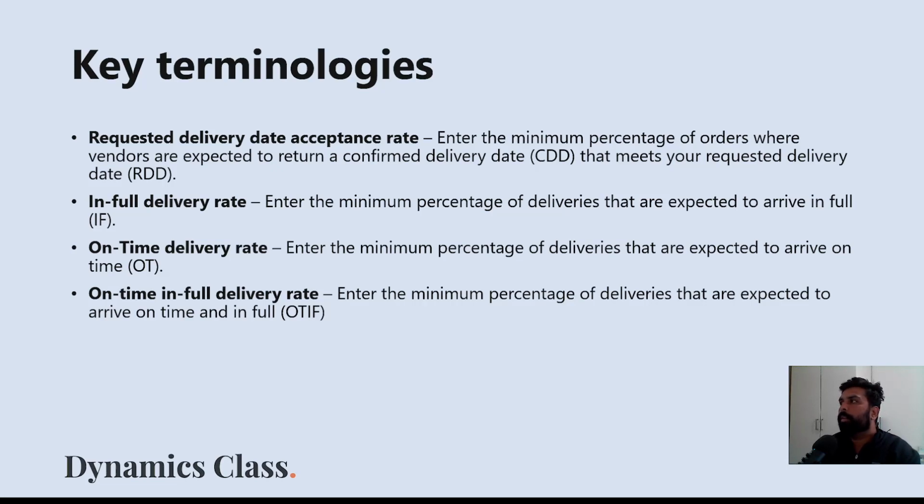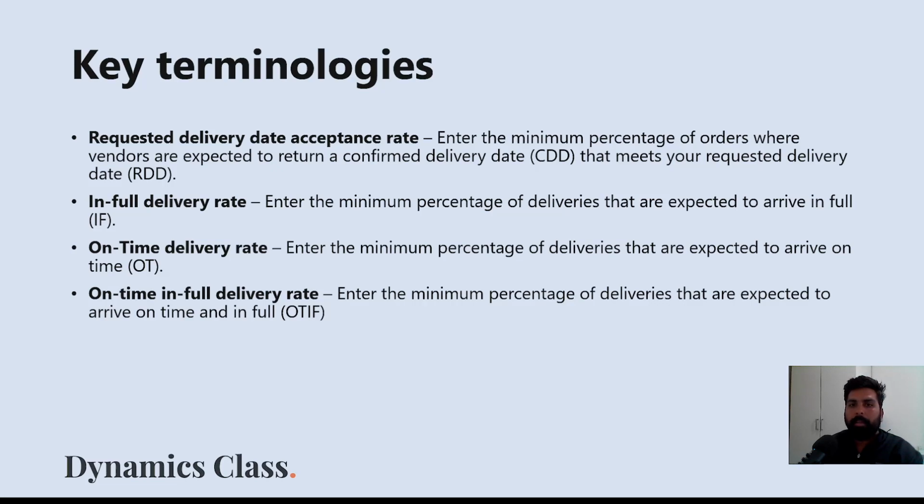So for example, I created a purchase order and requested that my delivery date for this particular order should be 10th of June. Now we also expect suppliers to confirm that they will be able to deliver this particular product or order on the requested delivery date. So they are going to provide the confirmed delivery date.